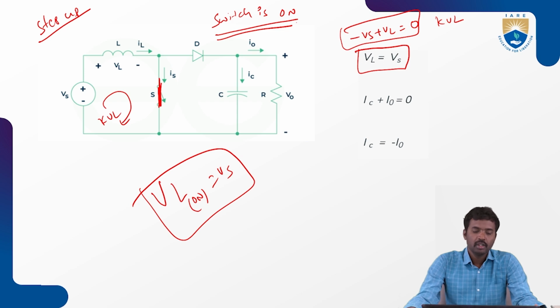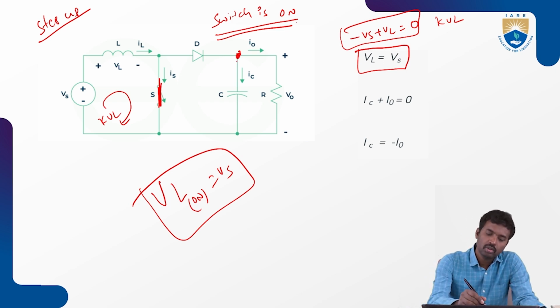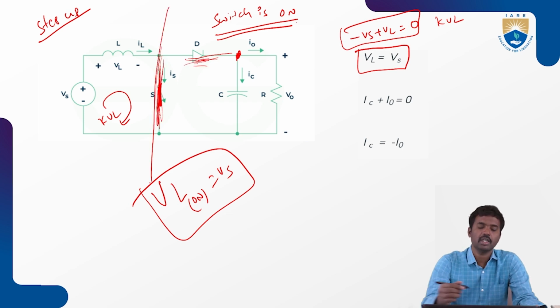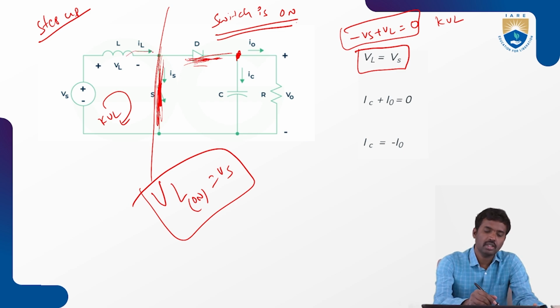If you apply KCL at this node, the sum of entering currents equals the sum of leaving currents. But is there any current in this diode? No, there is no supply. It is short circuit. This voltage is completely zero, and this current is zero. So this current goes directly to this branch.